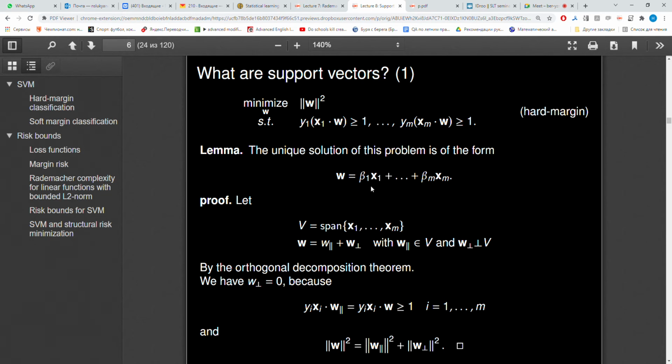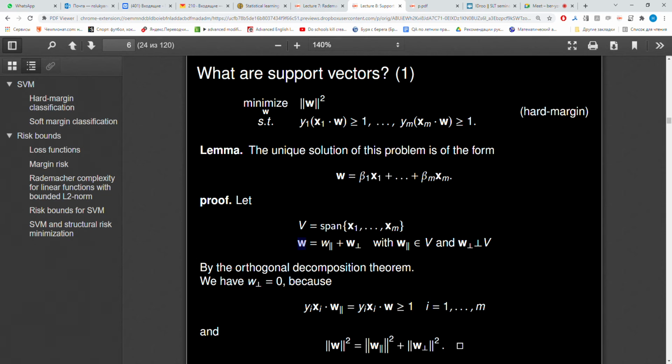Okay, we have a lemma that vector w lies in the span of the set of x, because if we split w into parts, a sum of a part from the span plus a part from the orthogonal complement, how can we pronounce it in English? Addition? Sounds terrible. Okay, maybe you understand what I mean.